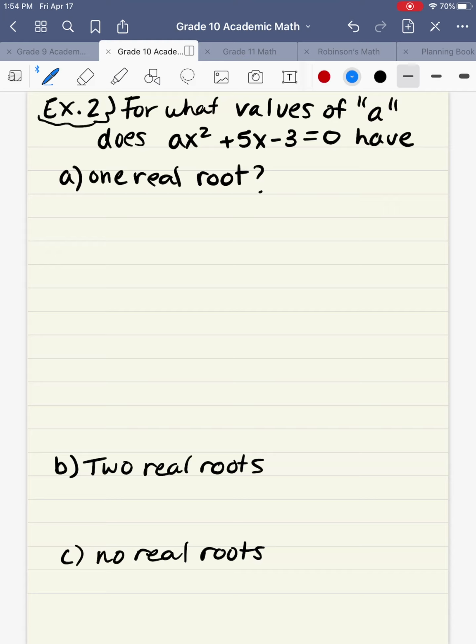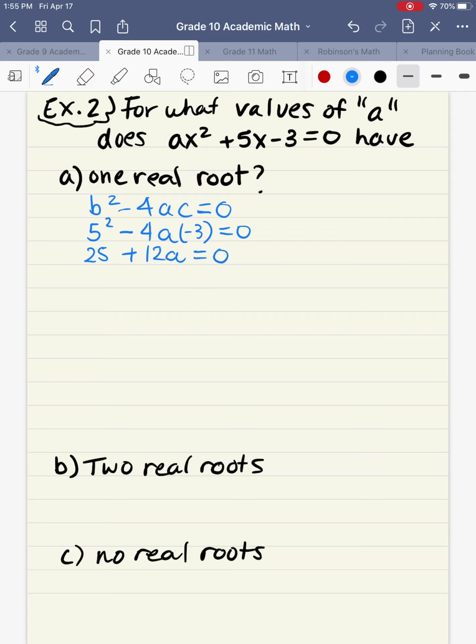When we have one real root, this means that our discriminant is equal to 0. So let's put in the information we do know. We don't know what a is, but we know what b is. b is 5, so we end up with 5 squared minus 4 times a, and then c is negative 3, and that is equal to 0. That gives us 25 plus 12 times a is equal to 0.